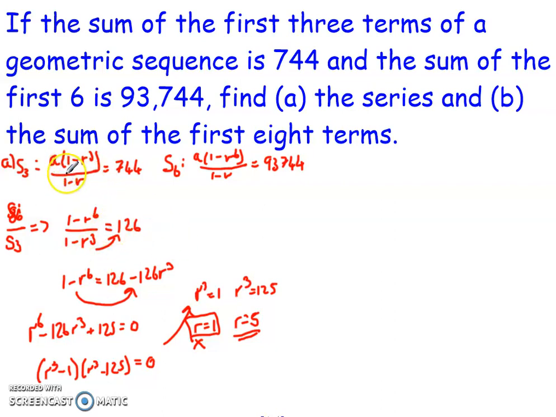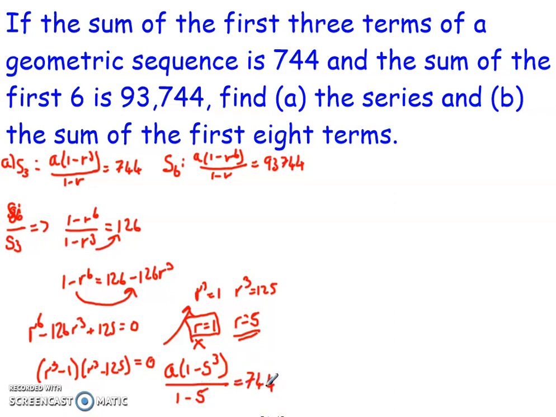So if I substitute it into this one here, I'd end up getting a(1 - 5³)/(1 - 5) equals 744.